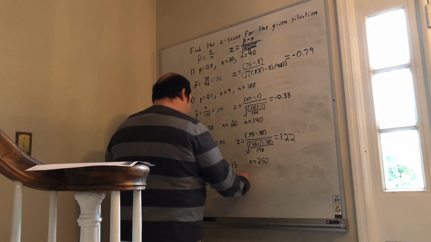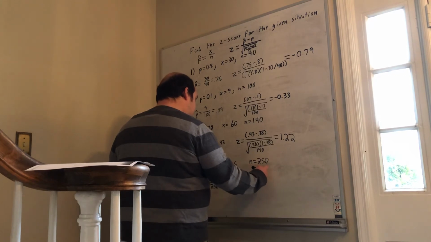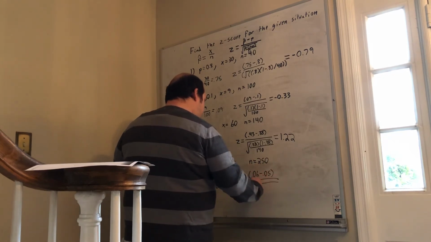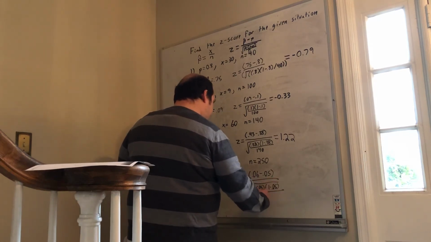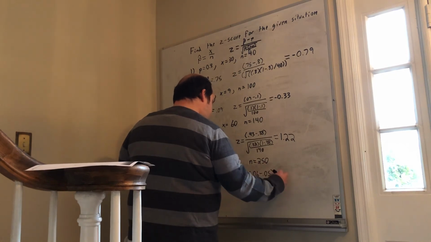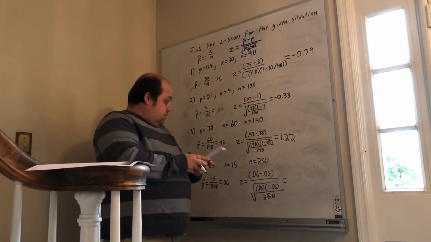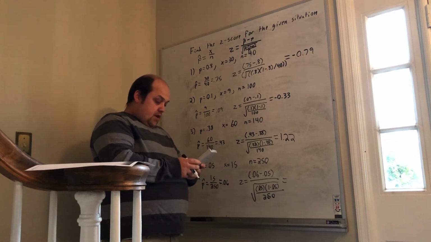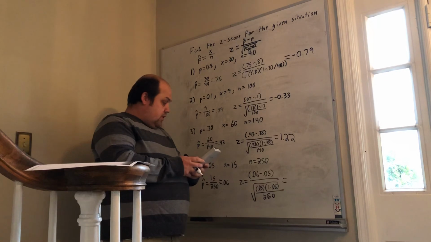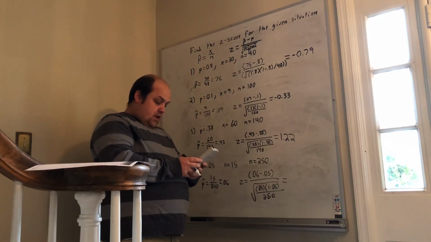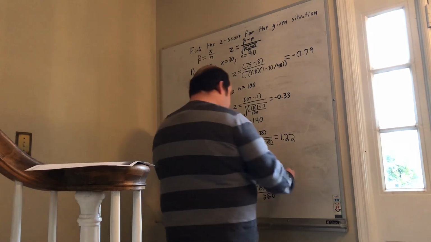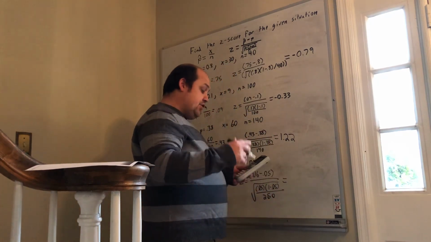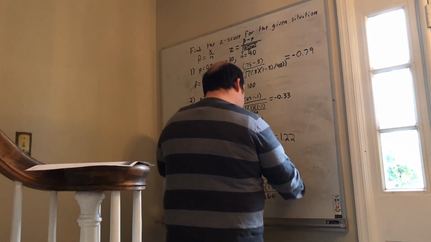I then find my z-score by doing that 0.06 minus the given 0.05 over the root of the given 0.05 times 1 minus 0.05 all over the n of 250. 0.06 minus 0.05 divided by the root of 0.05 times 1 minus 0.05 divided by 250. When I put this in, I get a z-score of 0.725, which I round up to 0.73.